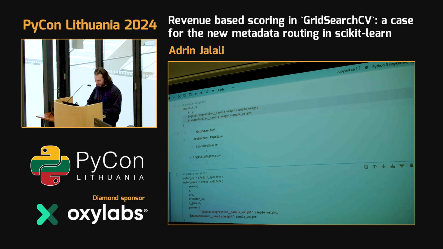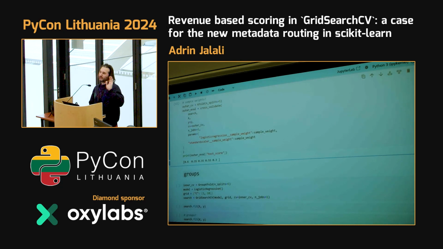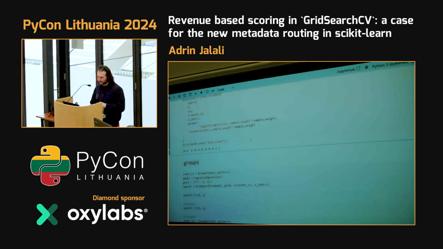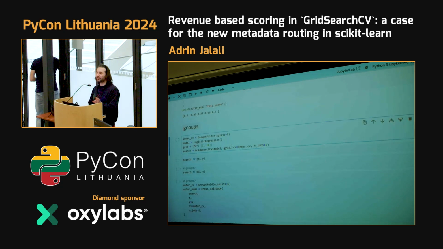We got it right. Yeah, nice. So as far as sample weight goes, things kind of work. I'm gonna show even here something didn't work, we're gonna see what didn't work. But it's a pain. Any questions so far?